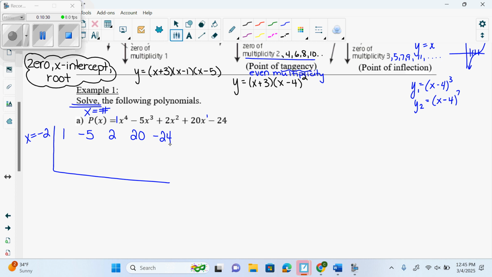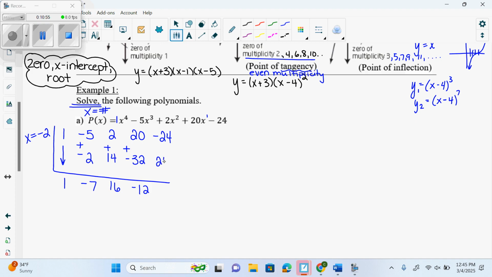Have I done anything different so far, even though it says solve? Nope, this is what we did yesterday, right? Drop the 1. Multiply, negative 2 and 1, negative 2. Add it, negative 7. Multiply, 14. Add it, 16. Multiply, negative 32. Add it, negative 12.